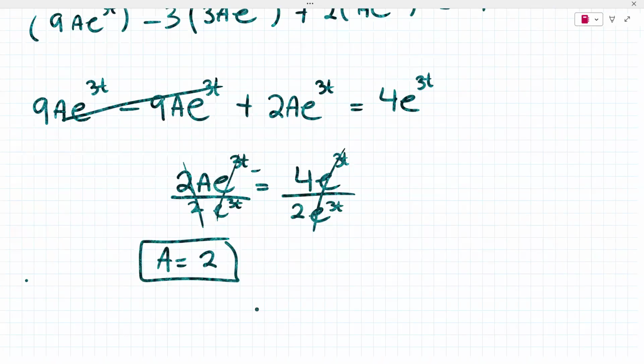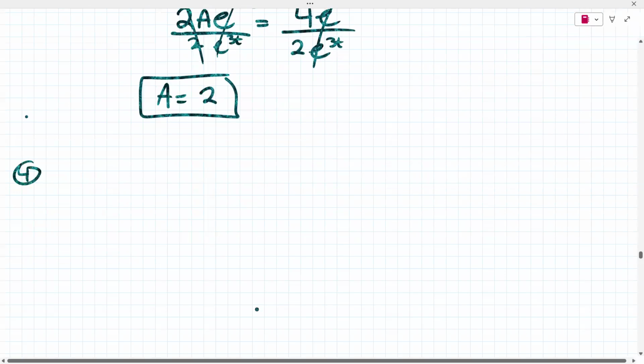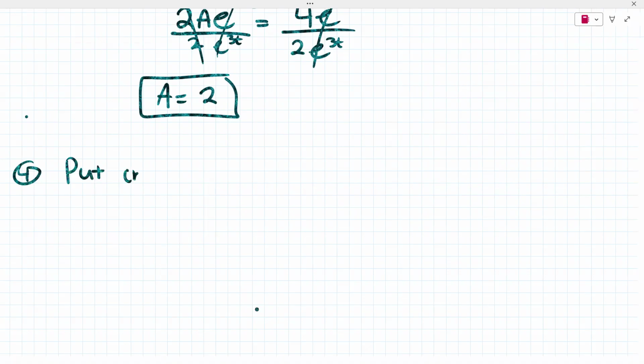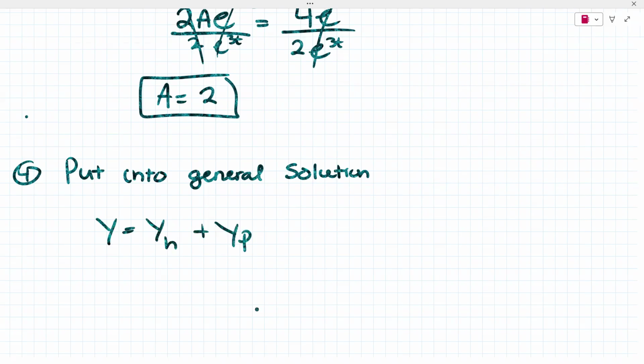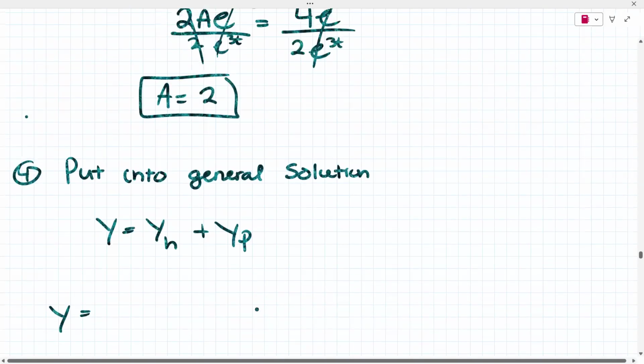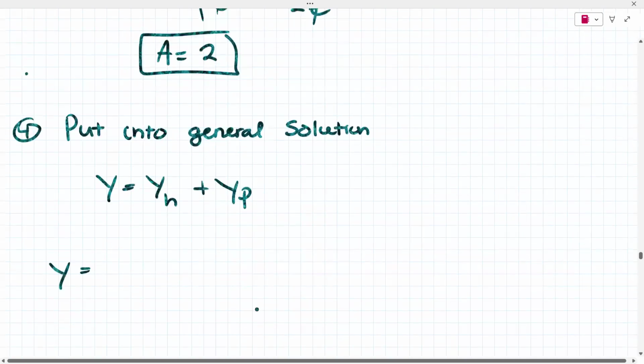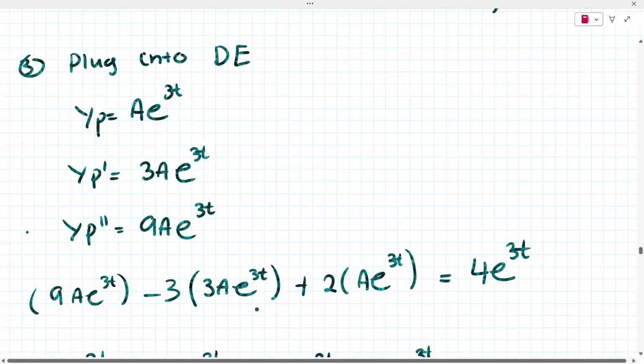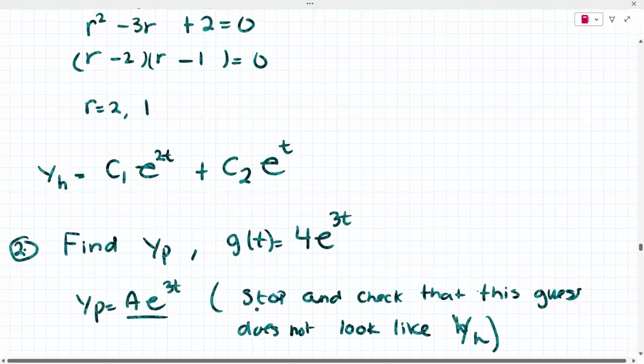Step 4, put it into the general solution. So y equals yh plus yp. Your general solution is yh plus yp. So it's my yh, it is this.